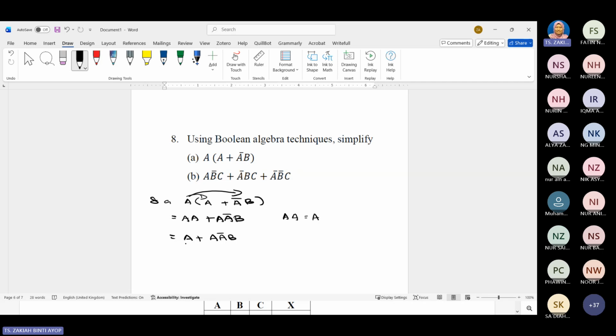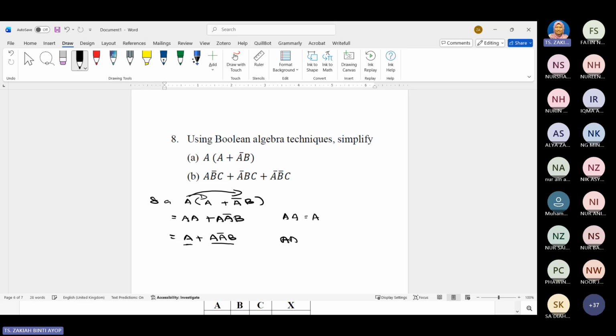Now, because A has been simplified, you can simplify the next term. This one has A dot A bar dot B. Look at the rules in the lecture notes, the same one, A and A bar.